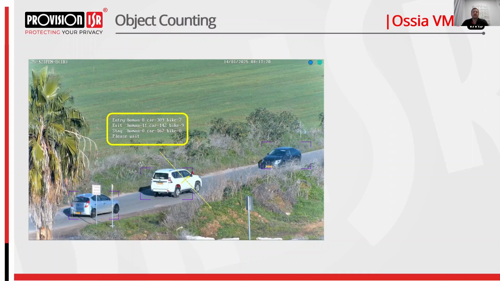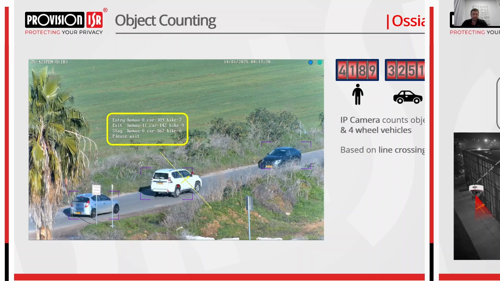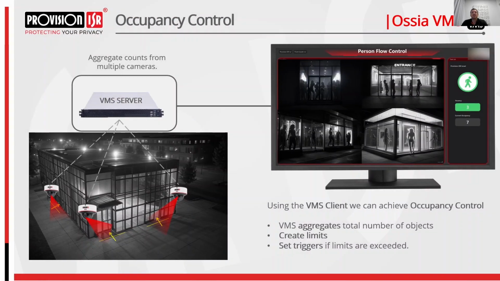Did you know that Provision-ISR supports advanced object counting analytics? Whether it's humans, 4 or 2-wheel vehicles, our system can count them all using object recognition based on line crossing detection. Using the Ossia VMS, one of the most powerful applications is occupancy control.